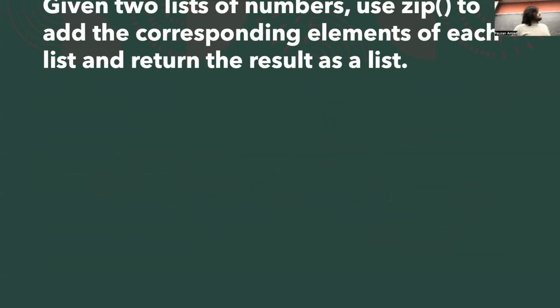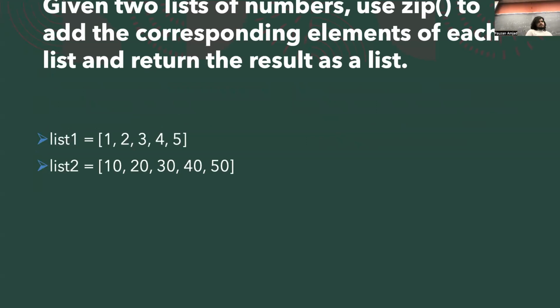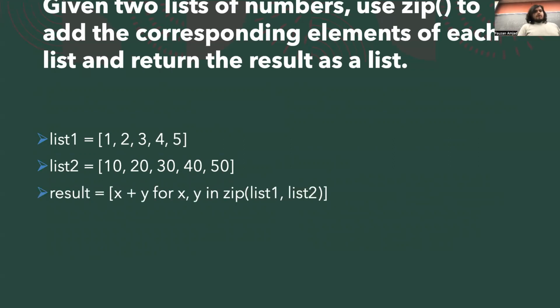All right, given 2 lists of numbers, use zip to add the corresponding elements of each list and return the result as a list. So we have a list 1, 2, 3, 4, 5, and another list 10, 20, 30, 40, 50. These are lists of the same length. What we're doing here is creating a result list using list comprehension.